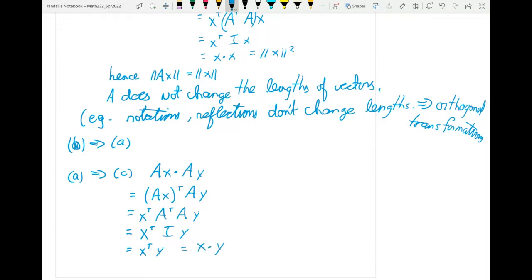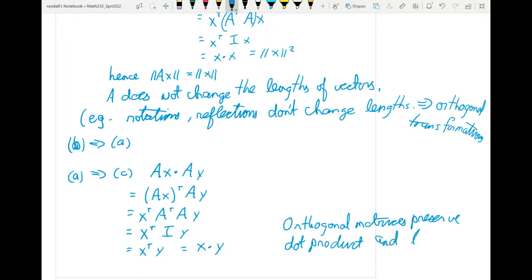Okay, so orthogonal matrices preserve dot product, and hence the angle between vectors. That's also very important, because the angle between the vectors is given by the dot product.